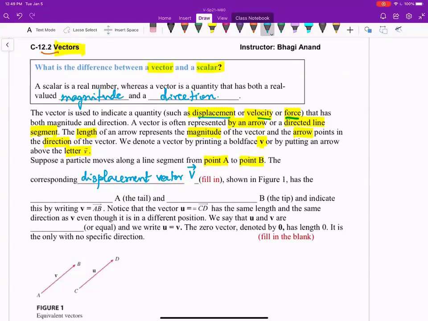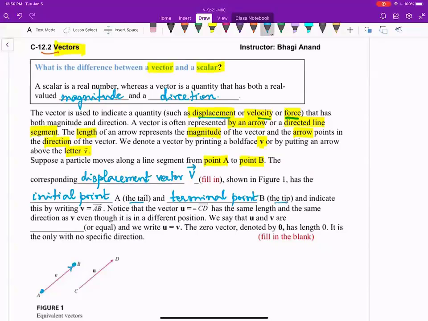This vector has the initial point A, and the terminal point B. The initial point is also called the tail.